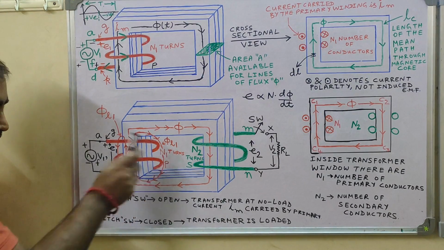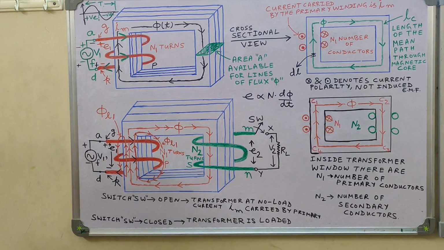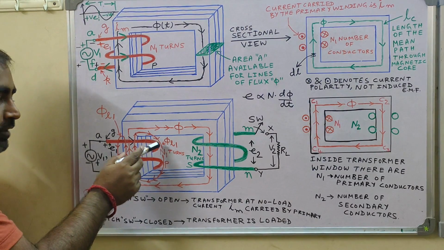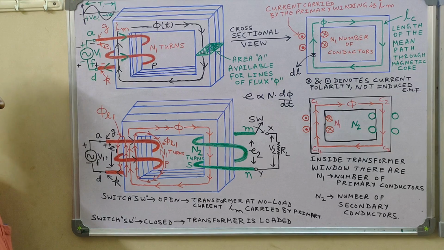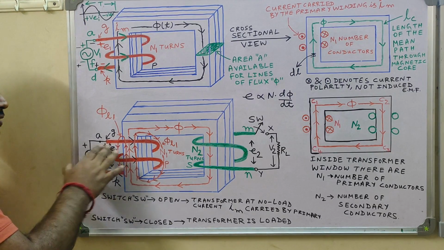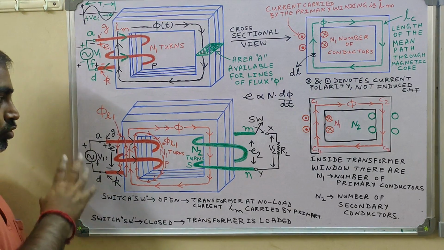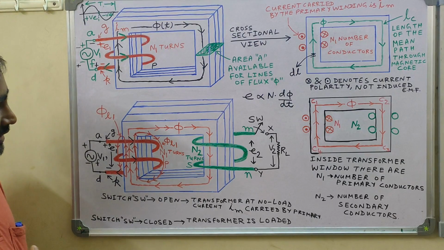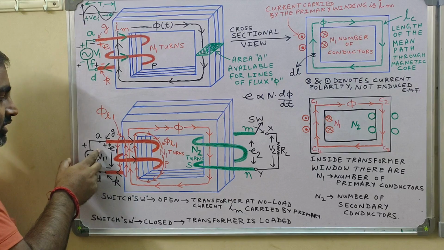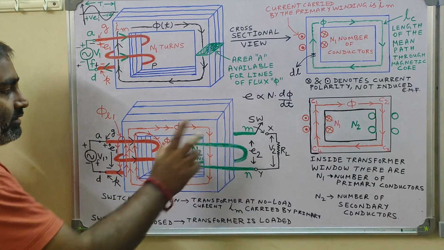It is not the leakage flux. Leakage flux is not taking part in transferring electrical energy from primary circuit to secondary circuit. It is the mutual flux only which is useful, or rather the mutual flux is actually making the transfer of electrical energy happen.